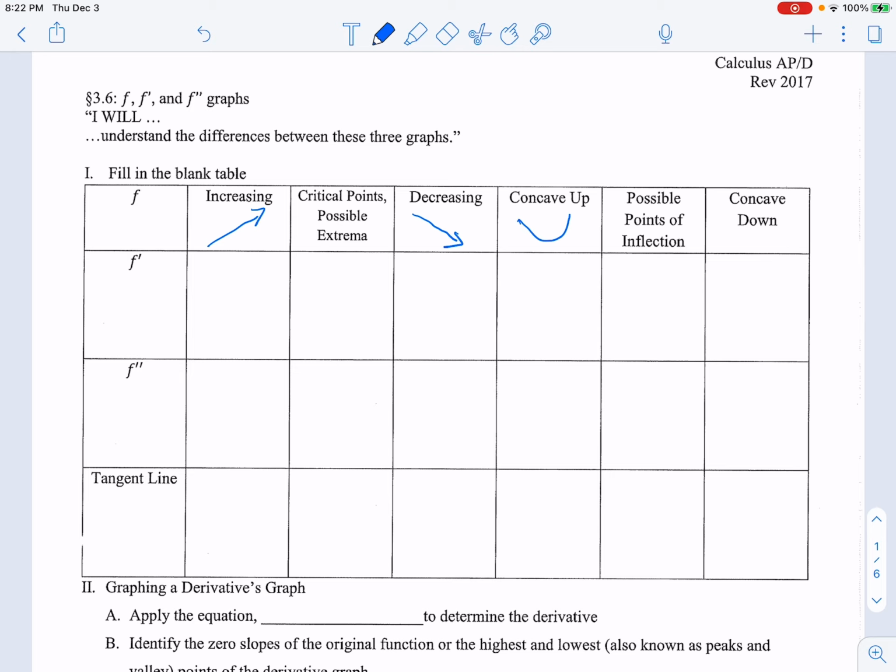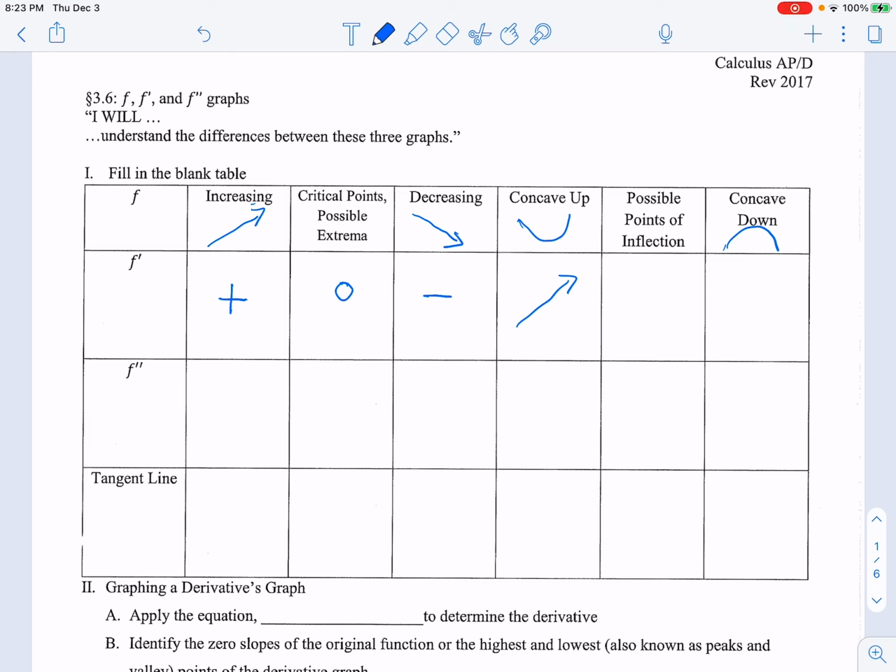Points of inflection are where it changes concavity, and then you have concave down.